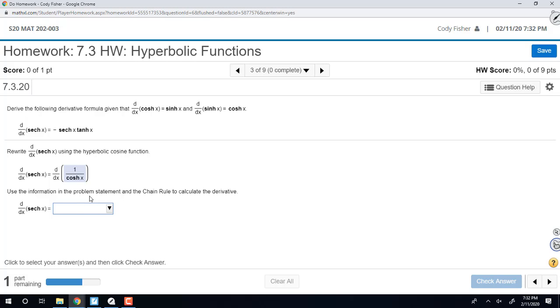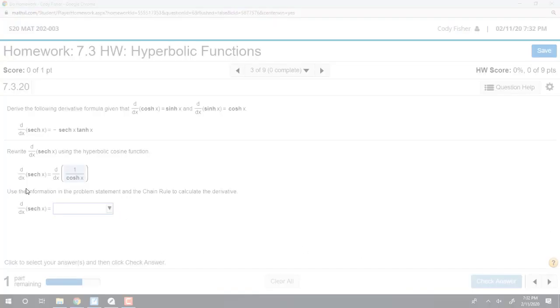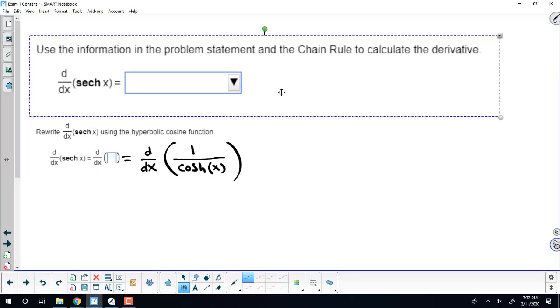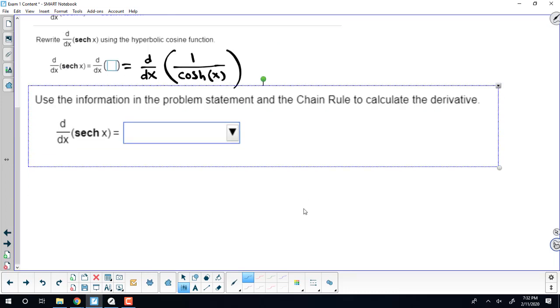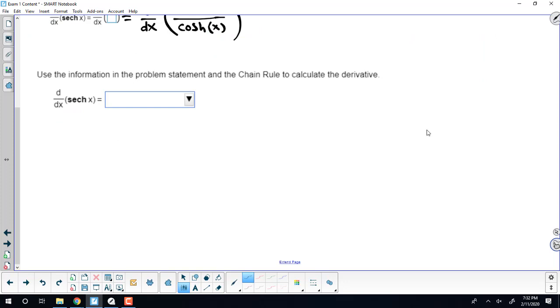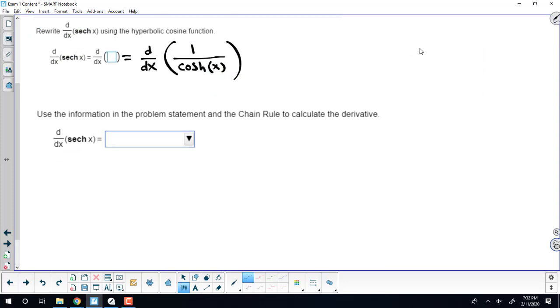Use the information in the problem statement and the chain rule to calculate the derivative. I found it was way easier to use the quotient rule. Yeah, for sure. So they're telling us to use the chain rule right now as we have it expressed. We would be using the quotient rule.